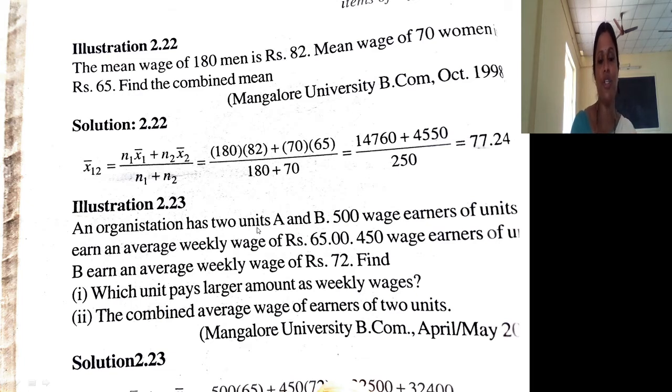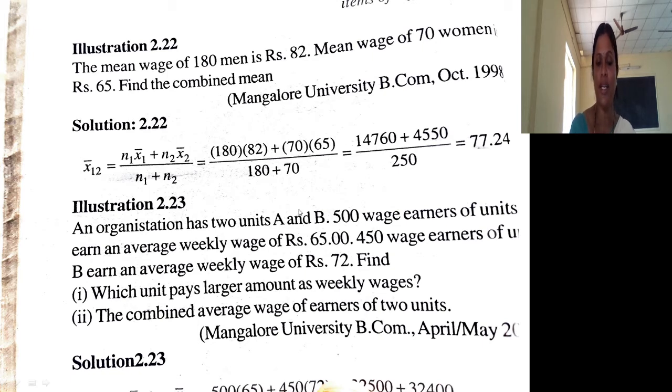Again, an organization has two units A and B. 500 wage earners of unit A earn an average weekly wage of 65. 450 wage earners of unit B earn an average weekly wage of 72. Find which unit pays the larger amount as weekly wages, and the combined average wage of the earners of the two units. So try to understand.